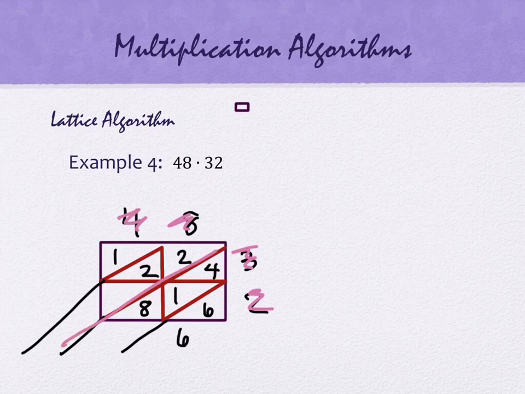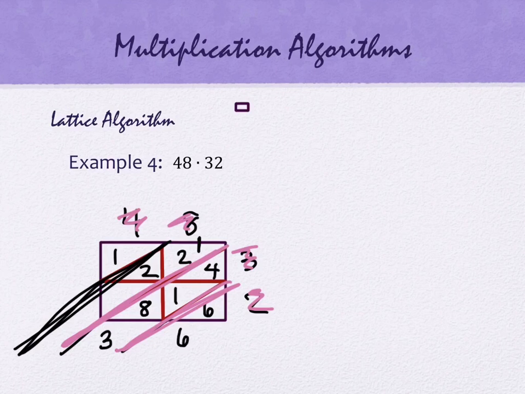Along my next diagonal, this one right here, I have 8 plus 1 plus 4, which is, what is it? 15? 13. Okay, sorry, I was hearing you wrong. So there's a 3, and then I carry my 1. And then again, I add the next diagonal. I have 2 plus 2 plus 1, which is 5.